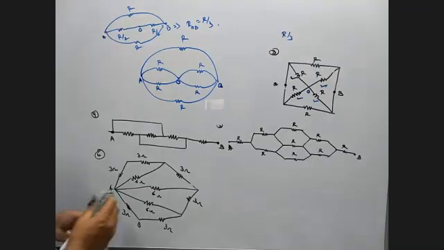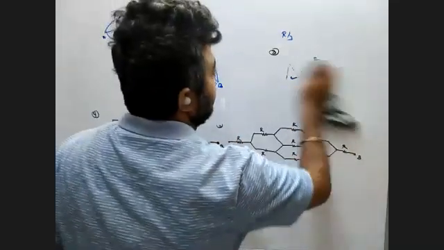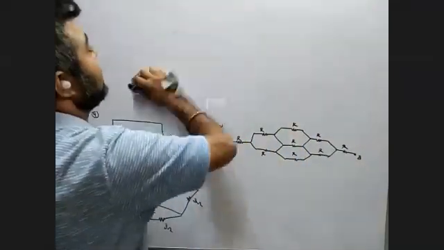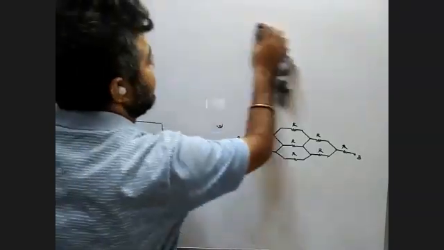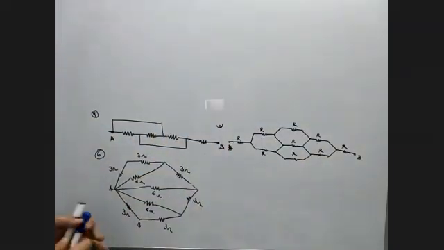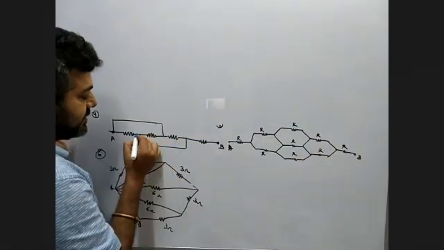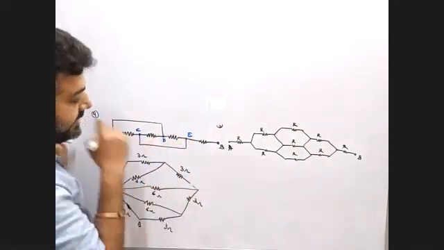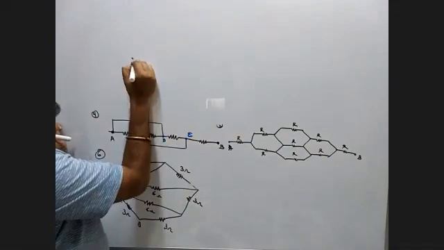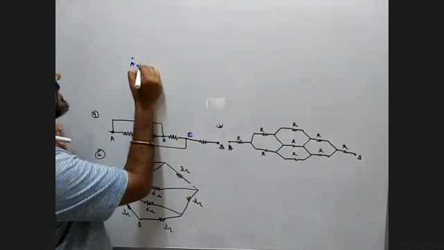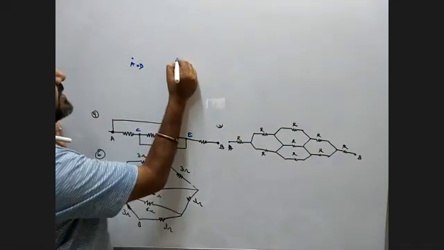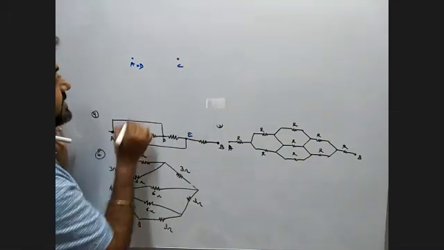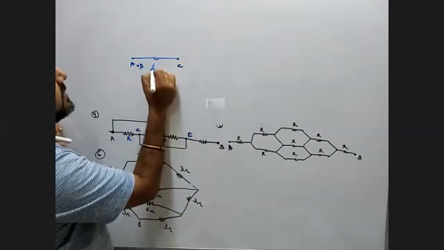4R by 3. Very good. These are not very easy, very tough sums for all of you. A and B is there. Let this point be C, D, E. Now you start from A and D, same point because of the plain wire. My next destination is C. Between A and C, you have 1 resistor.